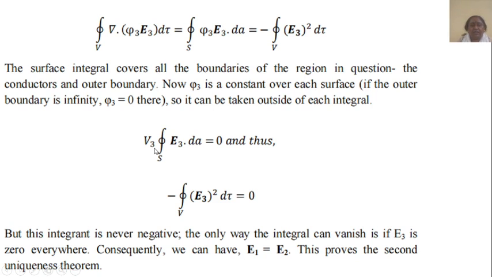We get psi 3 times the closed integral over surface S of E3 dot dA equal to 0, and thus minus the integral over V of E3 square d tau equal to 0. But the integrand is never negative. The only way the integral can vanish is if E3 is 0 everywhere. Consequently, E1 equals E2. This proves the second uniqueness theorem. Thank you.